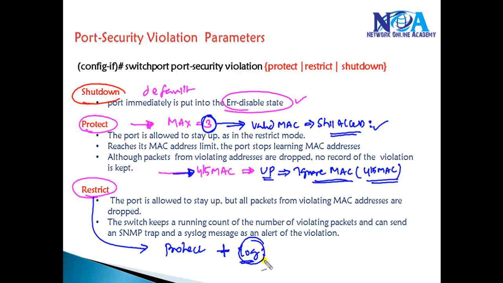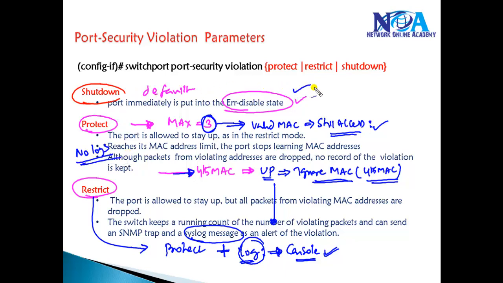If you have external log servers, it's going to send log information to the syslog server, or send a console message. If you have a default console login, it's going to show you the log message that this violation has been done. It's going to generate that log message on the switch, whereas protect is not going to do any logging. So this is a major difference between protect and restrict.